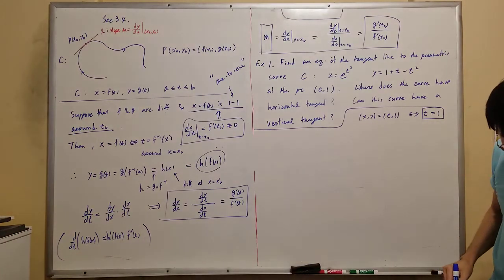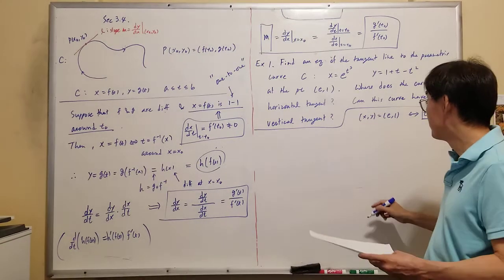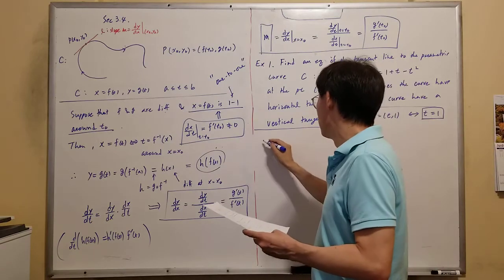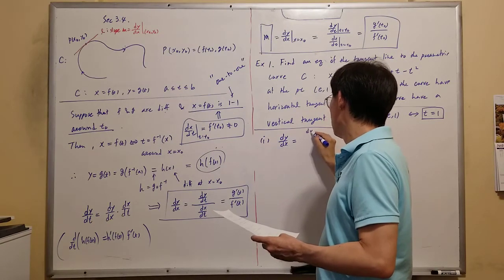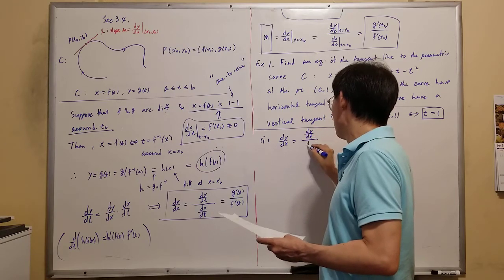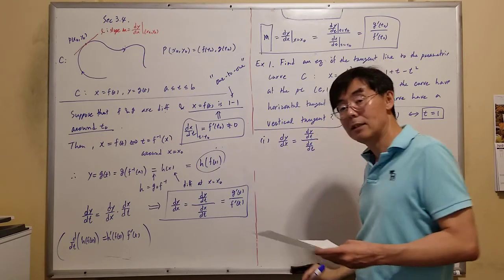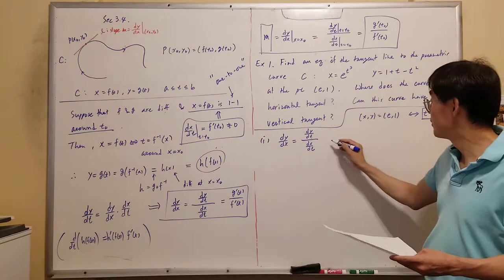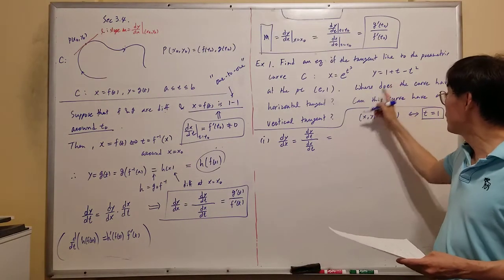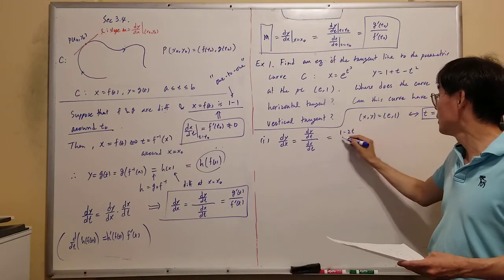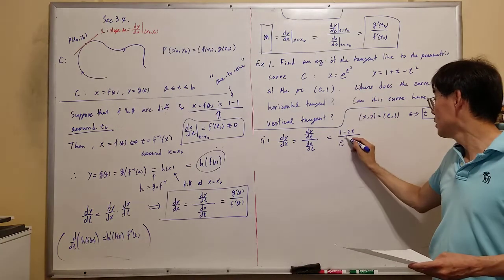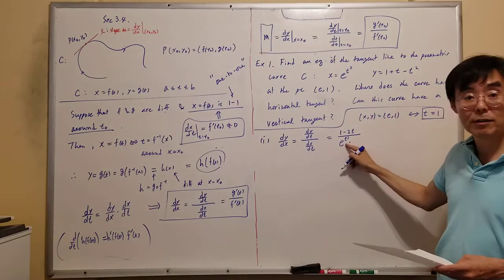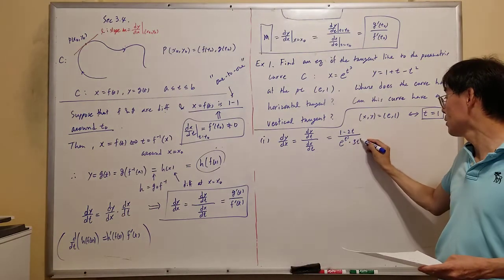Alright? So, first part. dy over dx is dy over dt over dx over dt. dy over dt is 1 minus 2t, dx over dt, chain rule, e to the t to the third times the derivative of the inside function, 3t squared.